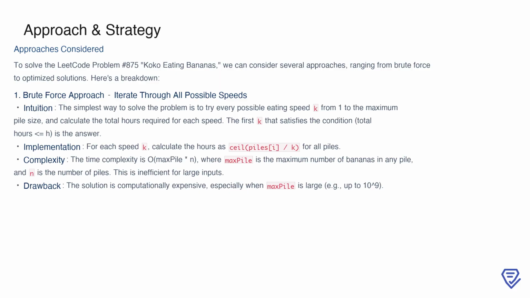While this method is simple to implement and easy to understand, it has significant drawbacks in terms of efficiency. The time complexity grows with both the number of piles and the size of the largest pile, making it impractical for large inputs. For example, if the largest pile contains millions or even billions of bananas, iterating through all possible speeds would take an enormous amount of time.